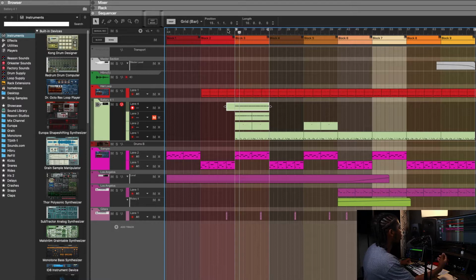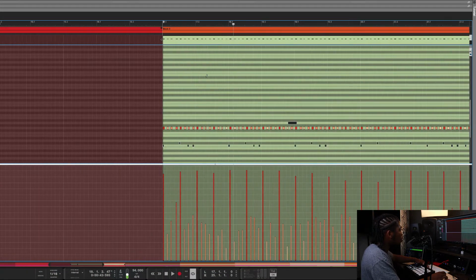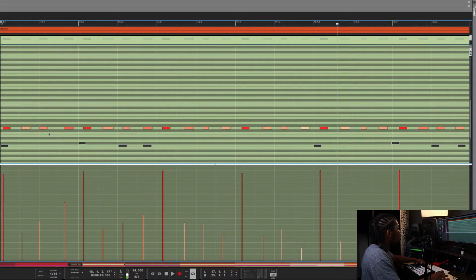You can already hear that it wasn't perfectly in time. So to correct this behavior, I want to keep the swing that I did. If we look at the MIDI notes of this, you see I'm pretty much nowhere near the ballpark on half of these.